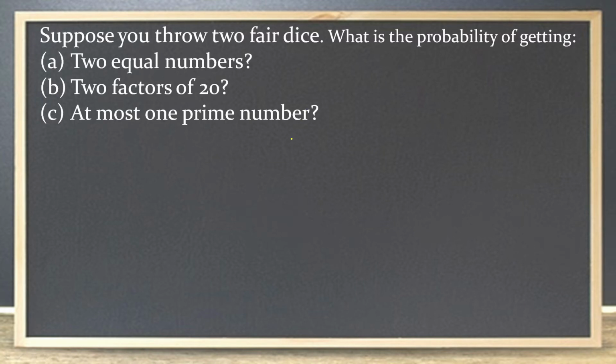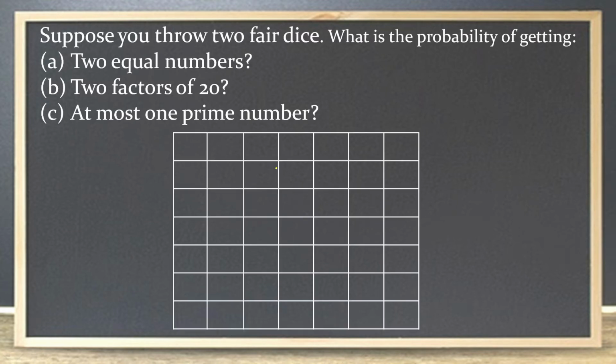So when you throw two fair dice, how many possible outcomes can be generated from those two dice? Okay, so what we will want to do is to draw a table, and you will have the first die which has 6 numbers, from 1 to 6, and the second die also from 1 to 6.